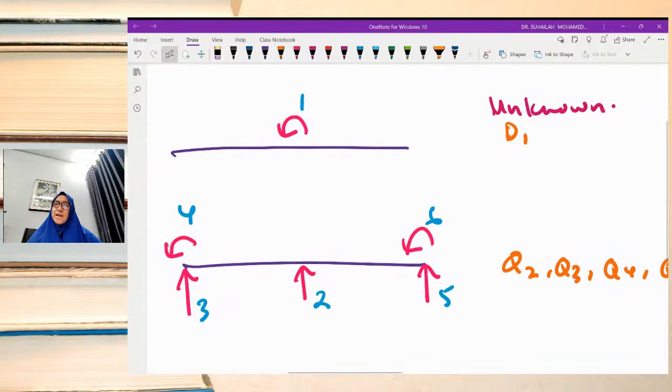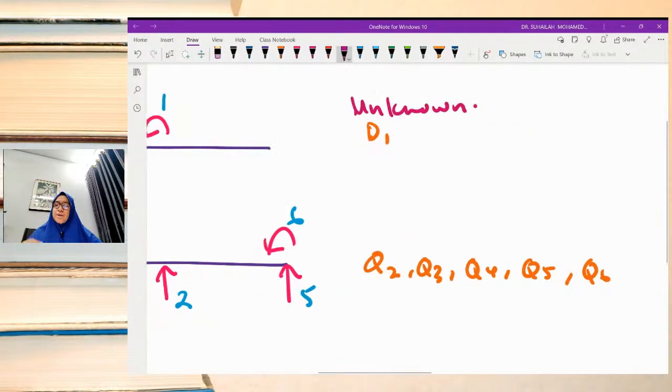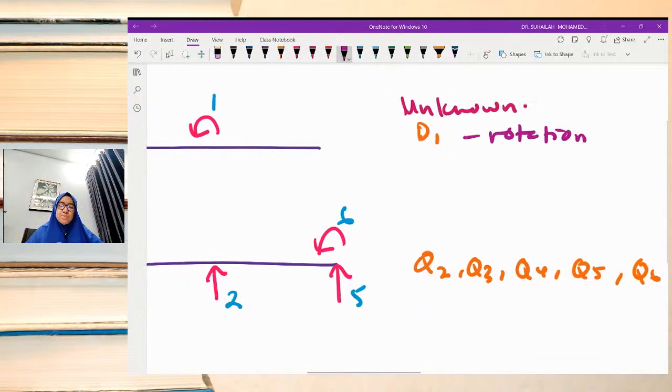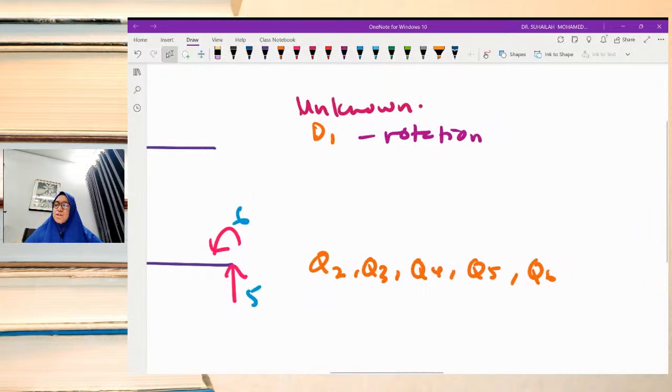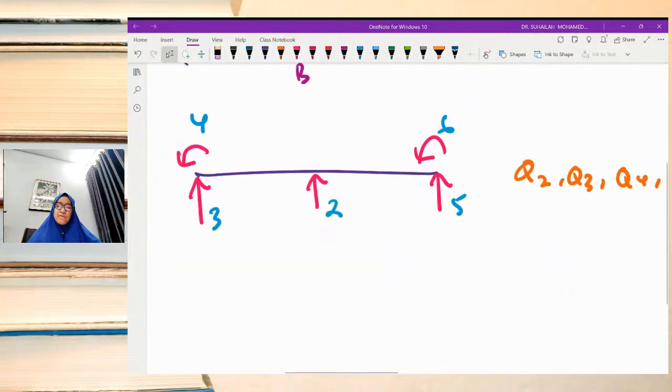So looking at this diagram, D1 is rotation. This is B. So rotation at B. Okay, we have Q2.